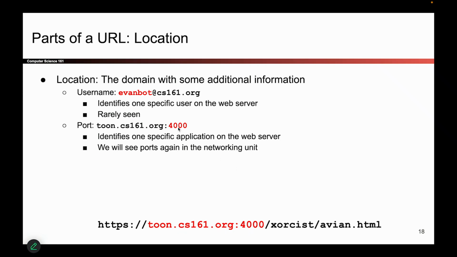So that's what the port does. If, for some reason, the machine that I've chosen is running multiple applications, and they're both serving web data, the number can say, I want this one, and I don't want that one. So sometimes you see the port, but it's also not super common. But that's the domain, and sometimes it comes with the port.